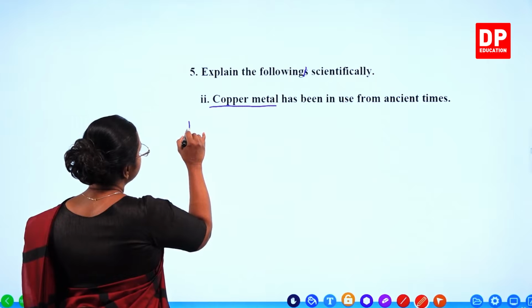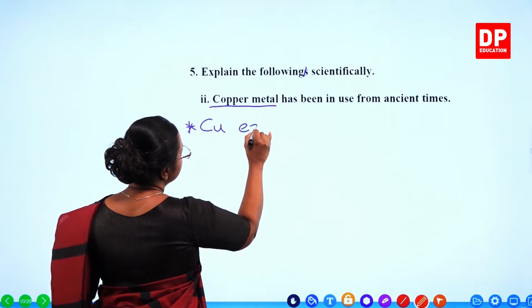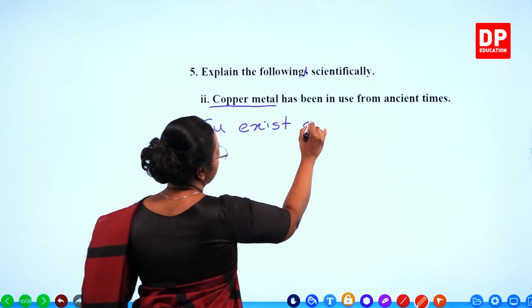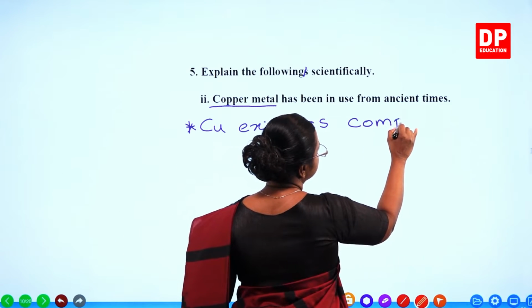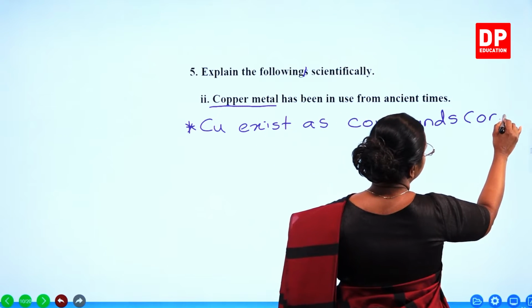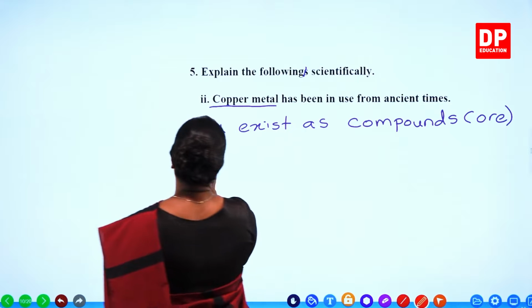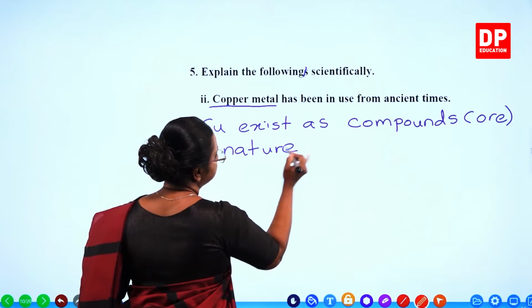So here we can say copper, I will use the symbol, exists as compounds, that is in ores, in nature.